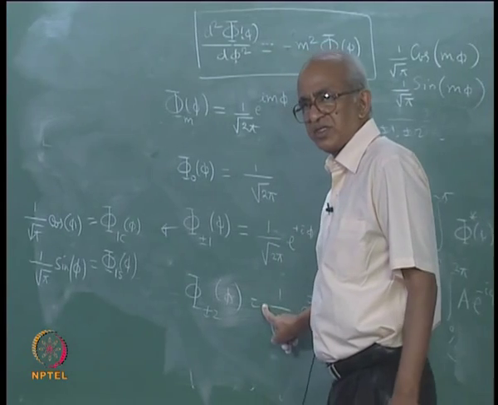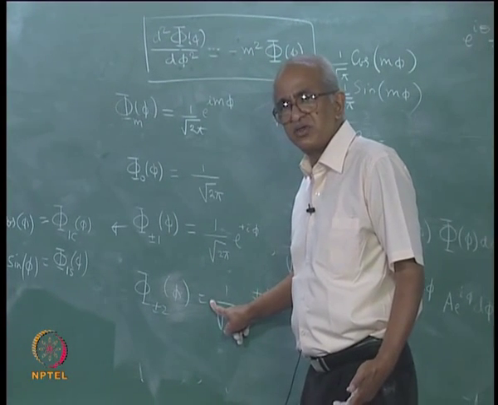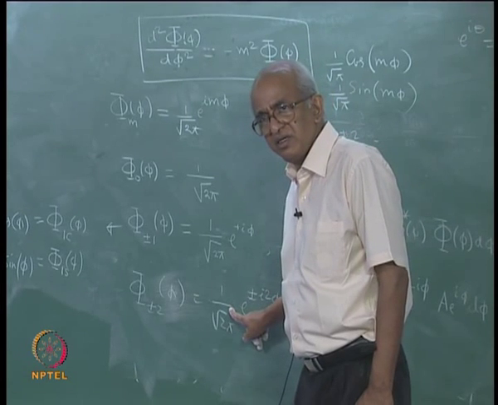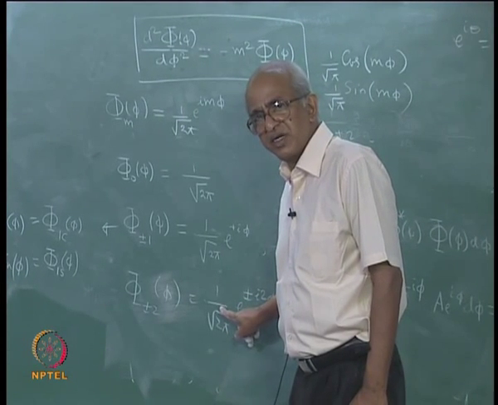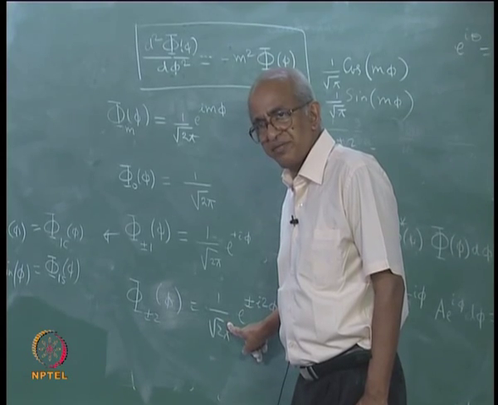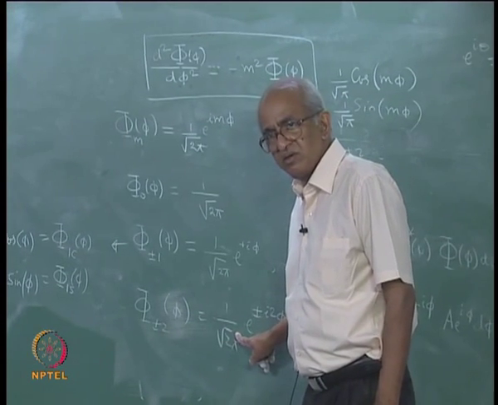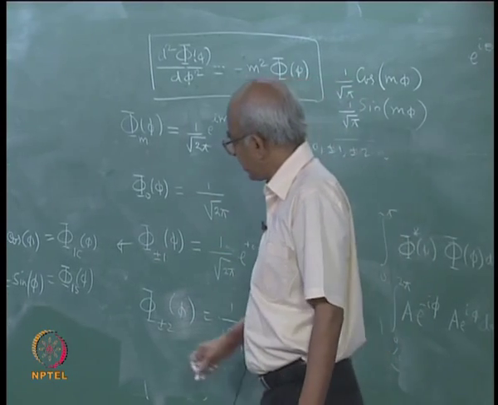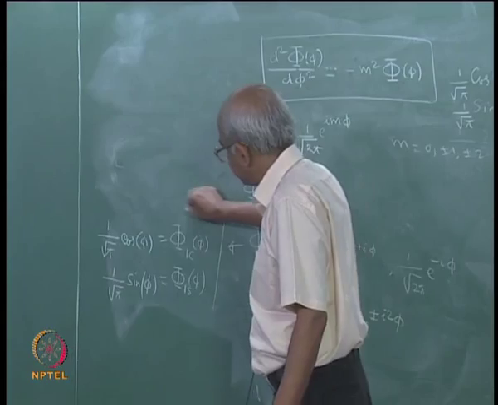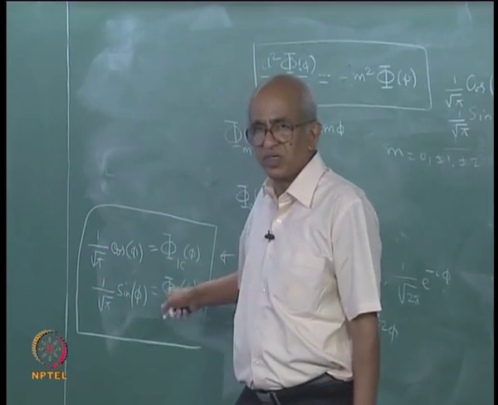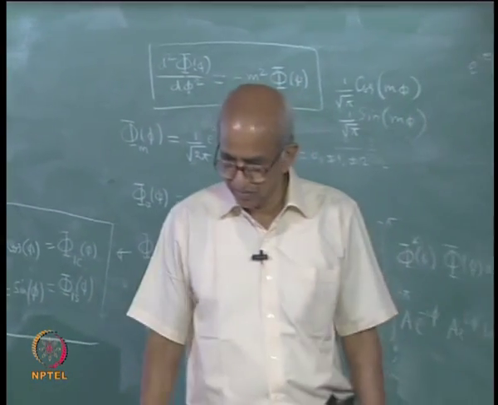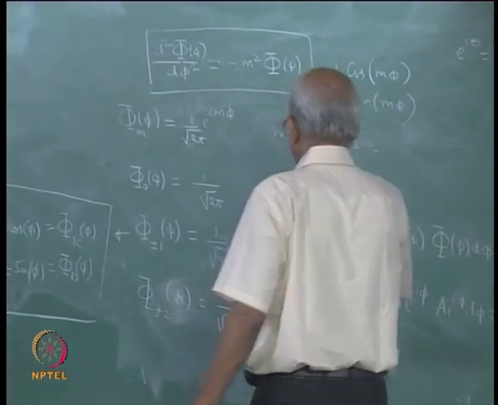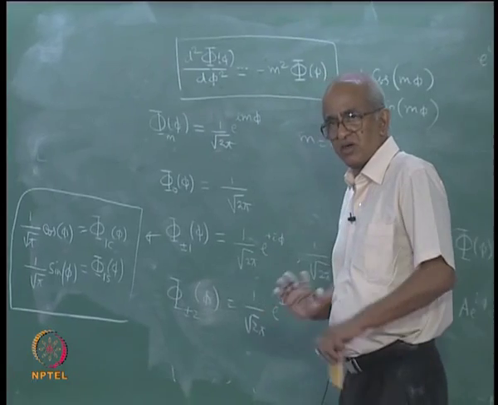Instead of these two functions, you can do exactly the same thing for m equal to 2: you will have a function which is cosine of 2 phi and another function which contains sine of 2 phi. You can do it for all the other solutions also. In fact, we will be using these solutions when we discuss the atomic orbitals. That is the reason why I am telling you this. But there is of course nothing wrong if you want to use the complex functions; they are also completely fine.